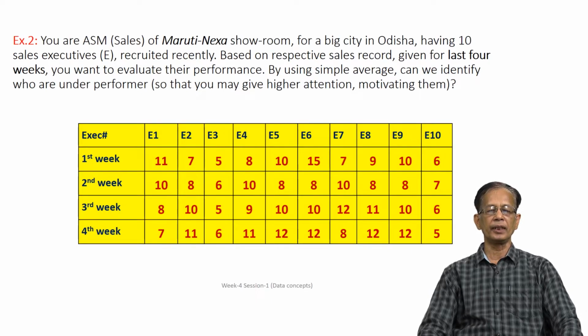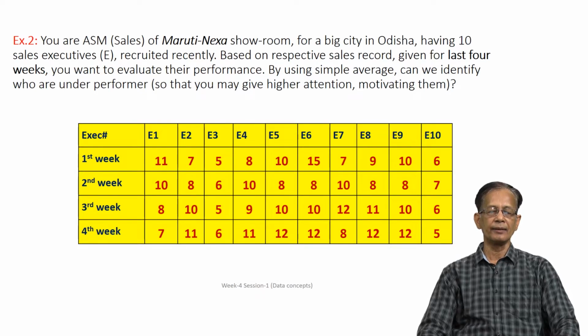Suppose he has data for the 4 weeks of a month, and these are the sales figures, how many cars one executive is able to sell. For example, the first executive sold 11 cars in the first week, the second executive 7 cars, and so on. This is called the raw data. Can I ask you, is this data primary or secondary?